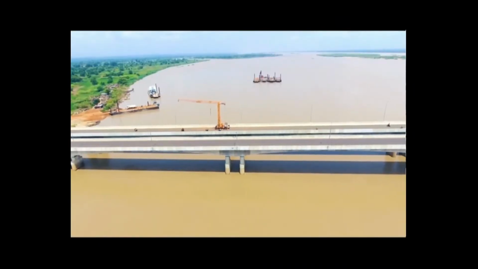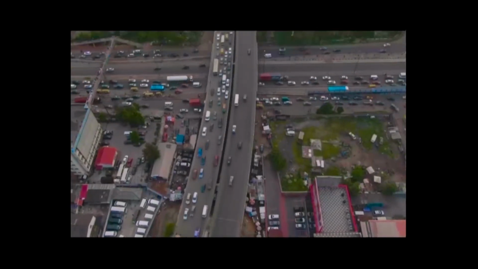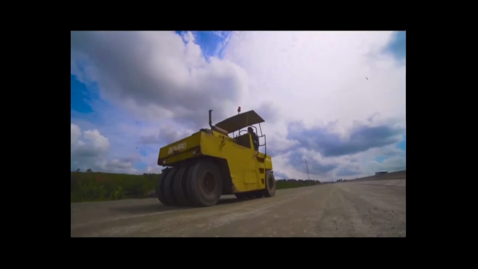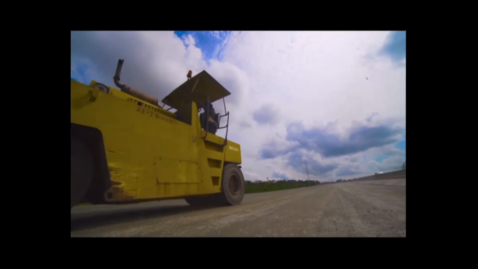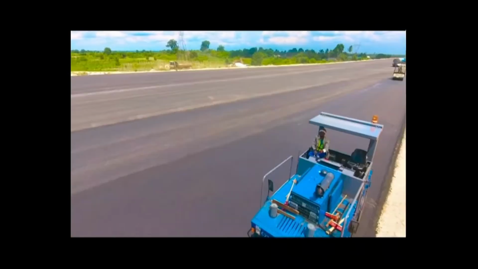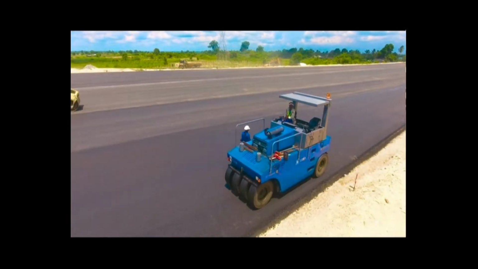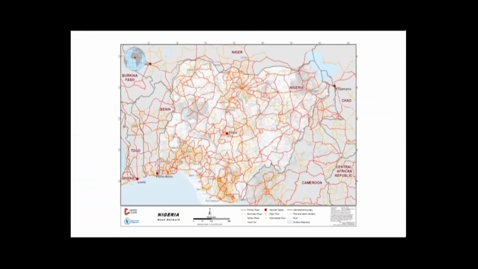The Ministry of Works and Housing has the responsibility to help improve the quality and the quantity of the road infrastructure assets, which are the roads and the bridges and the highways. At the moment, we have over 13,000 kilometers of road network under repair, reconstruction, or rehabilitation out of the existing 35,000 kilometers of federal road network.